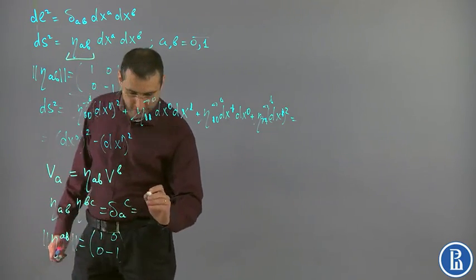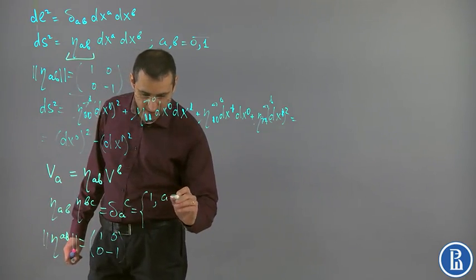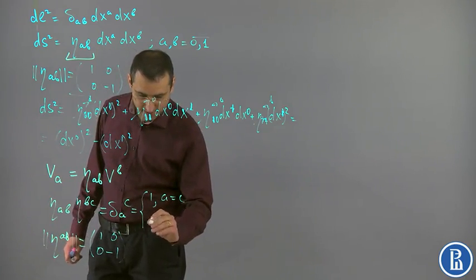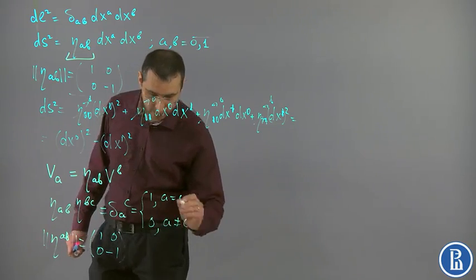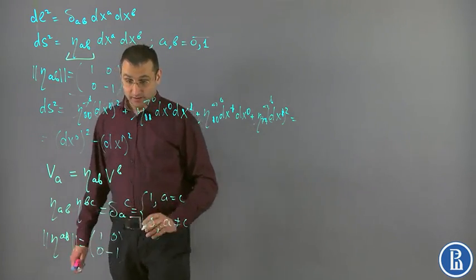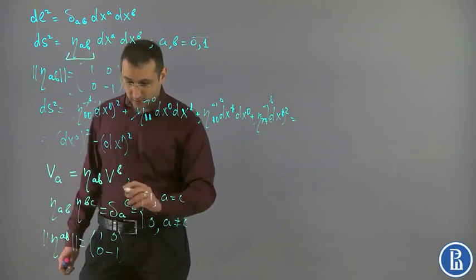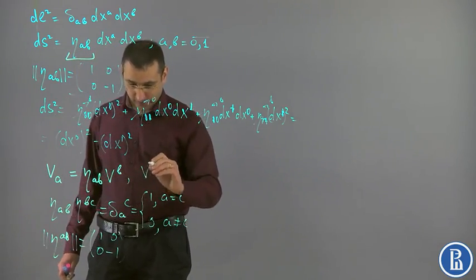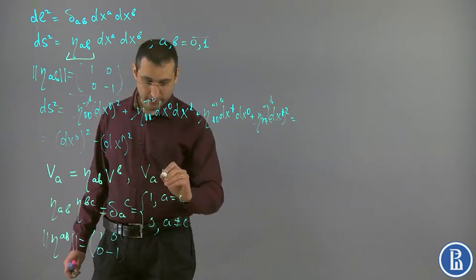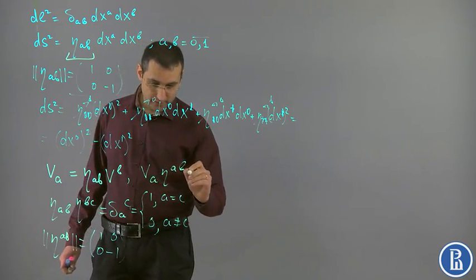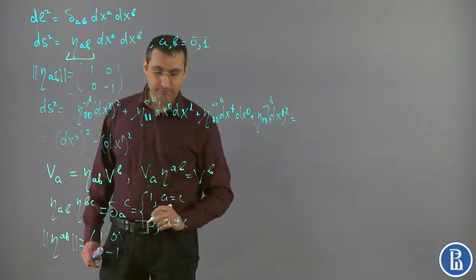This is the Kronecker symbol, so it's 1 when A equals C, and 0 if A is not equal to C. So using this tensor, we can do the inverse: if we have something with a lower index, we can multiply by this to obtain V^B.